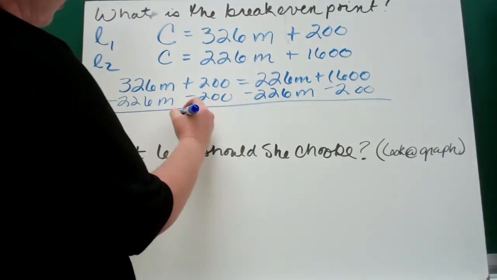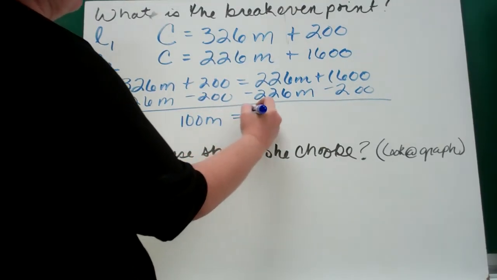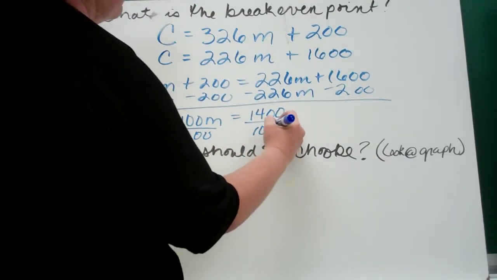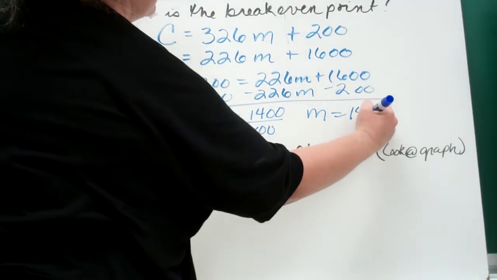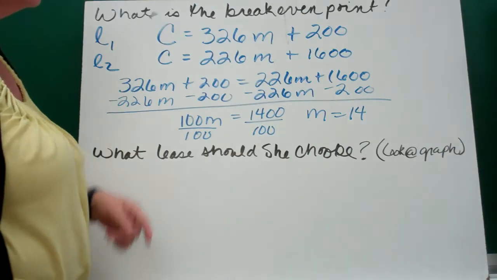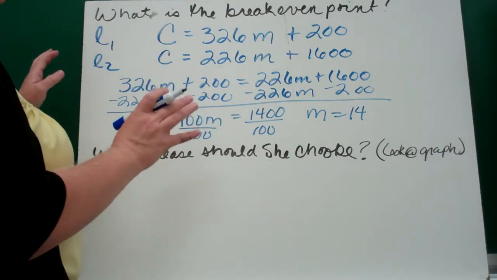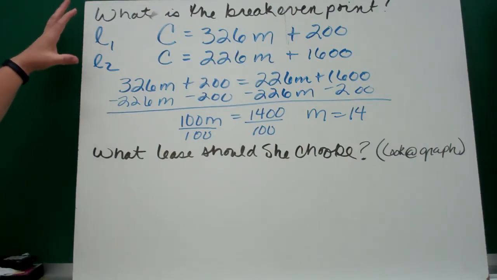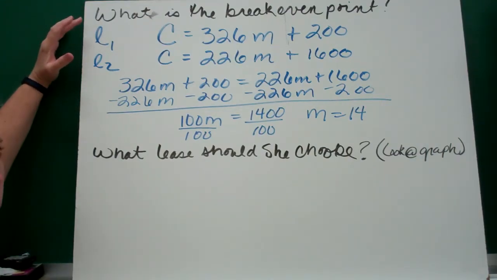And we've got 100M equals 1,400. Divide by 100. M equals 14. So after 14 months, she has broken even with the cost of the car, with the amount of money that she's paid for the car.